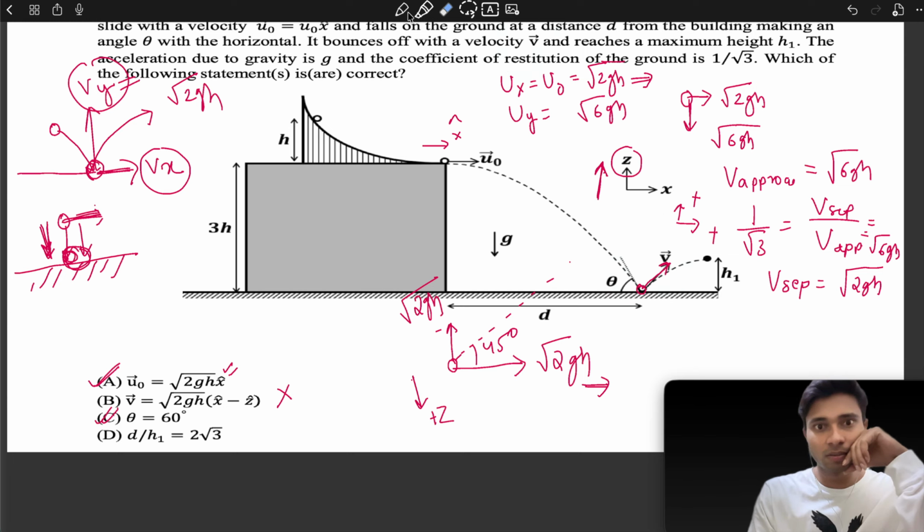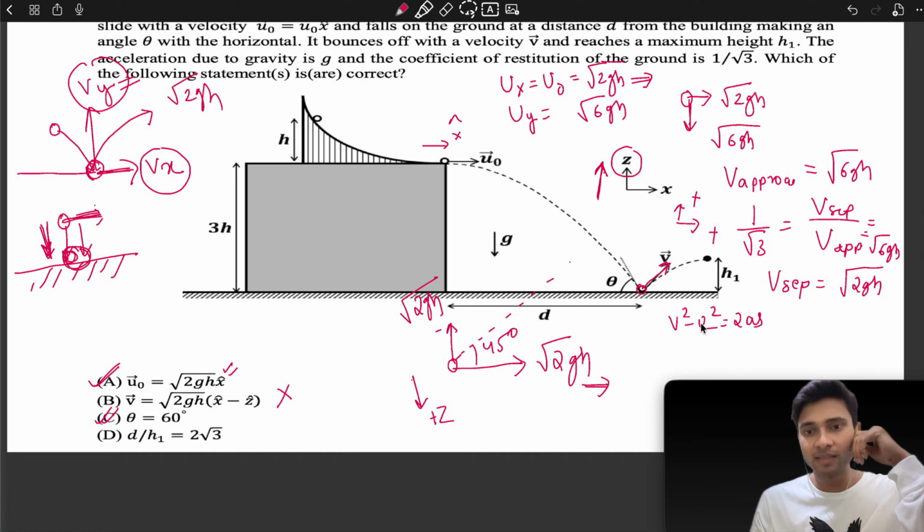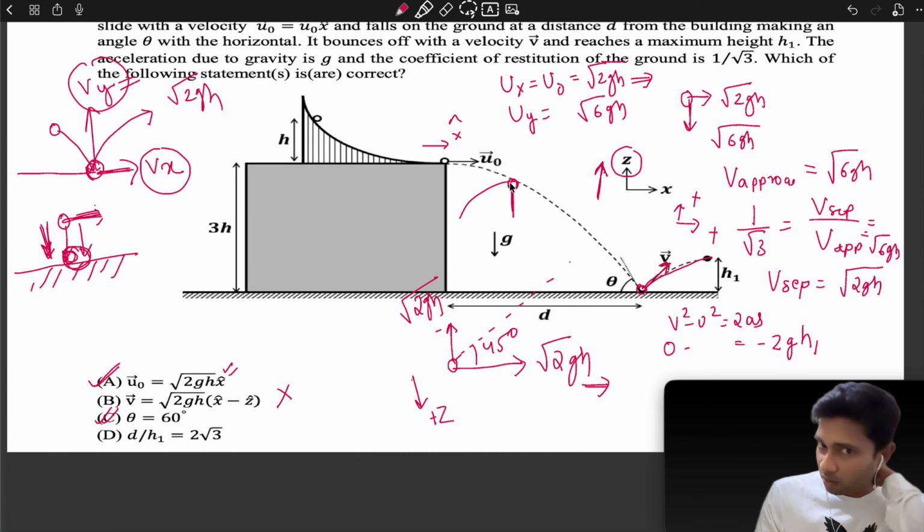Just keeping the vertical motion in consideration, we can write v square minus u square is equal to 2as for all uniform acceleration. In this projectile as well, acceleration will be minus g, so minus 2g into h1, where h1 is the maximum height. Final velocity will be 0 in the vertical direction at the topmost point. Why? Because if the vertical velocity is not 0, the ball will go further above.